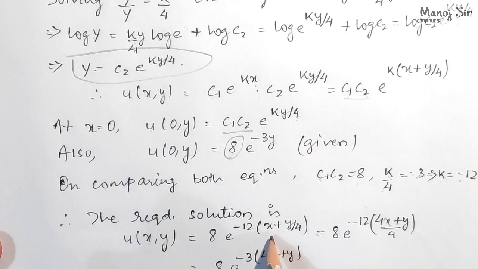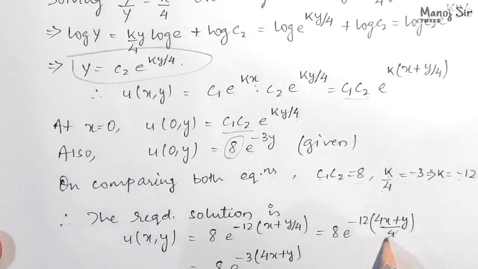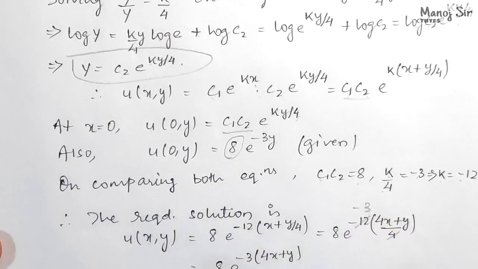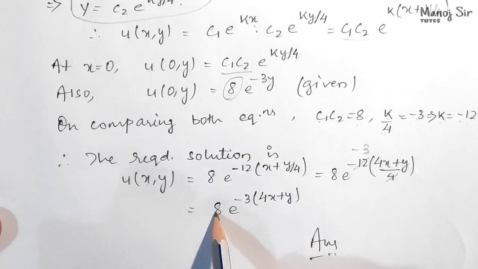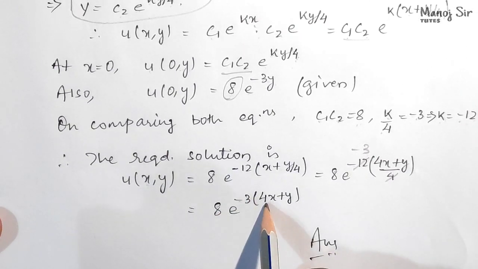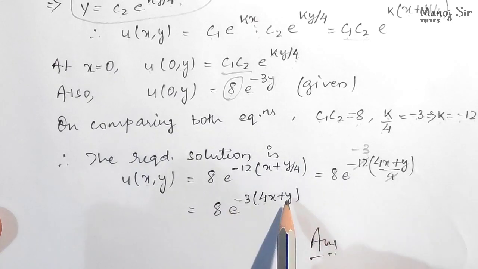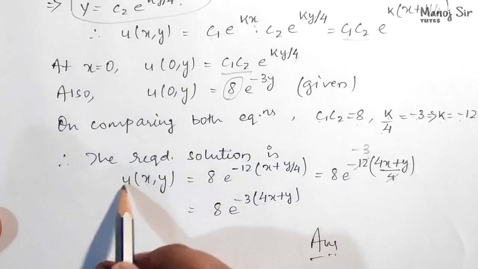Now we can take 4 as LCM, so this is going to be 8 into e to the power minus 12, 4x plus y upon 4. Now this will be minus 3, so we can say that 8 into e to the power minus 3 into 4x plus y, and this is u, which is a function of x and y.